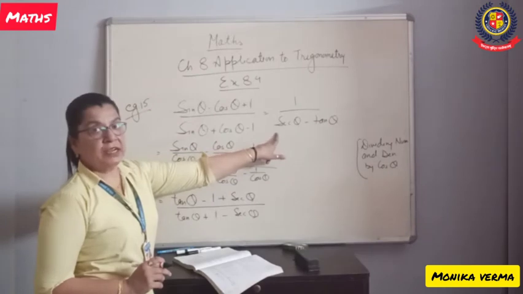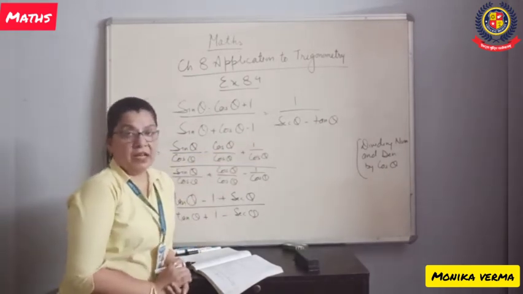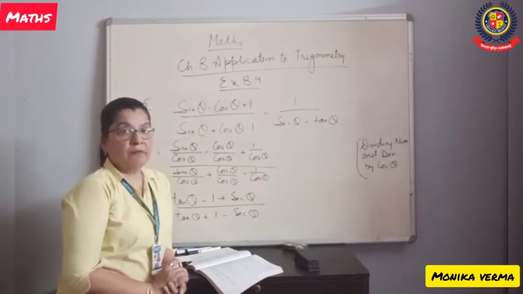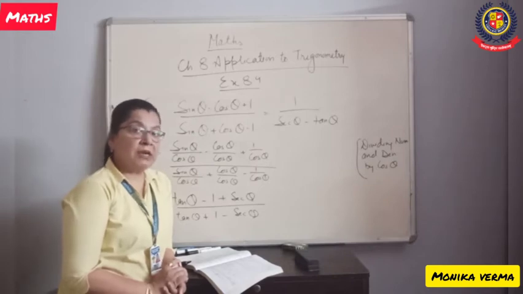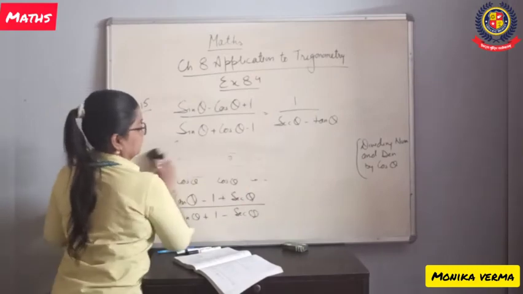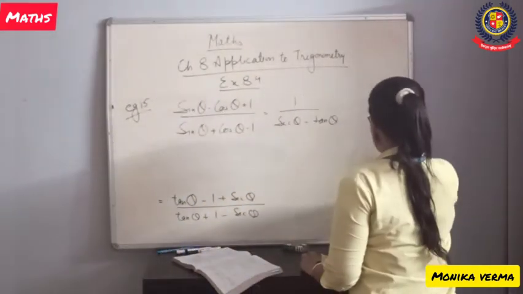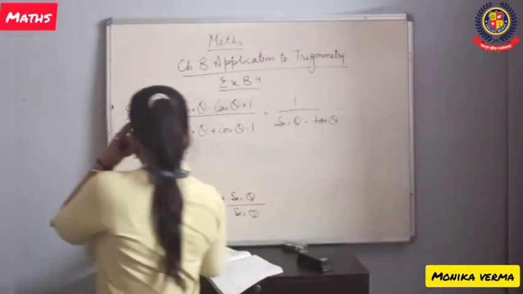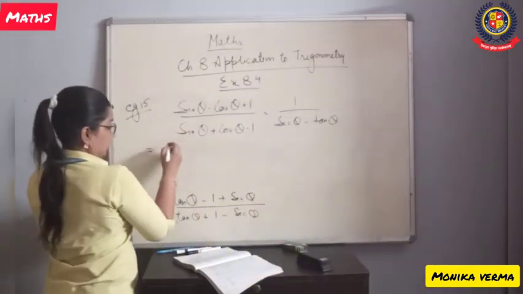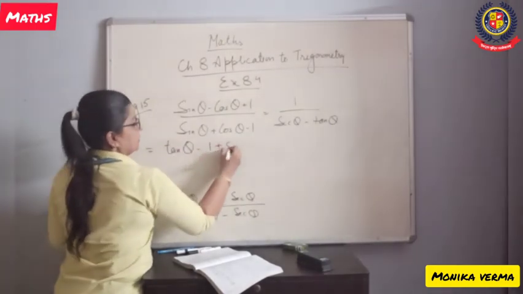Now I will change the denominator. And what I will change? I will change 1. We have done one identity, tan square theta plus 1 is equal to sec square theta. It means 1 is equal to sec square theta minus tan square theta. I will do that. I will change the denominator and write numerator as it is.